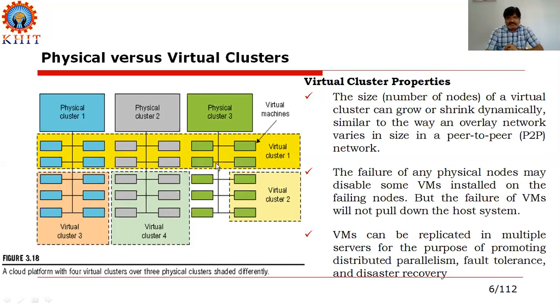So here the size of virtual clusters can grow or shrink dynamically. This can happen based on the customer needs. Similarly, the overall network also varies in size, in terms of a point to point network, that is called a peer to peer network.